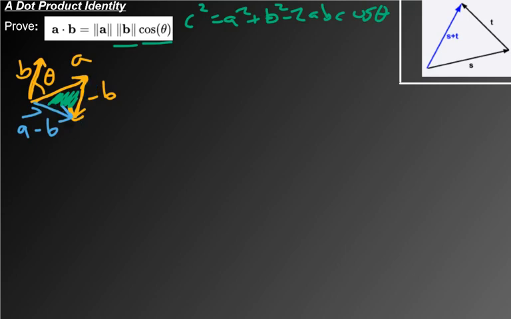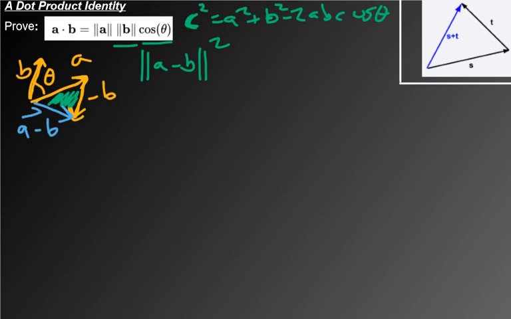So c is a minus b, and c is a distance. It's the length of that side of the triangle, so it's the magnitude of the vector.